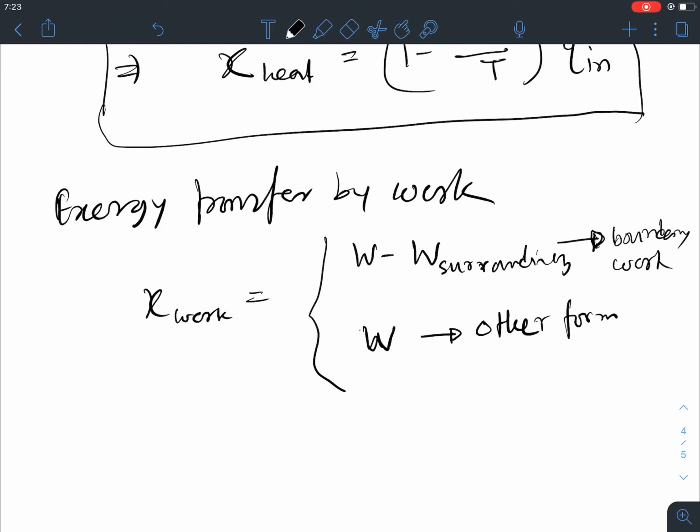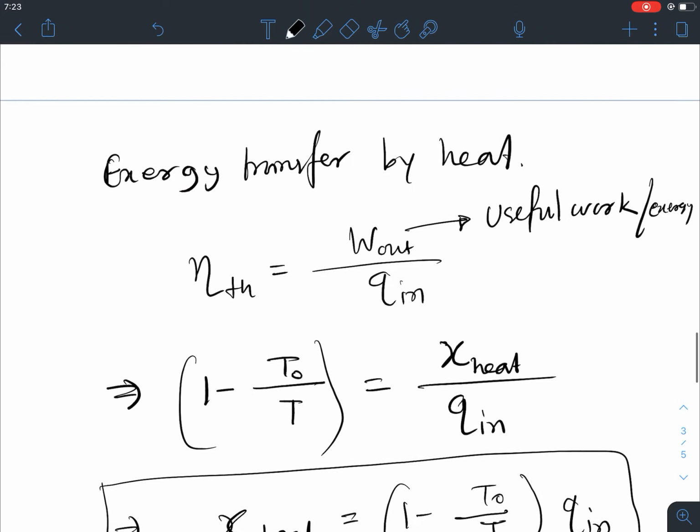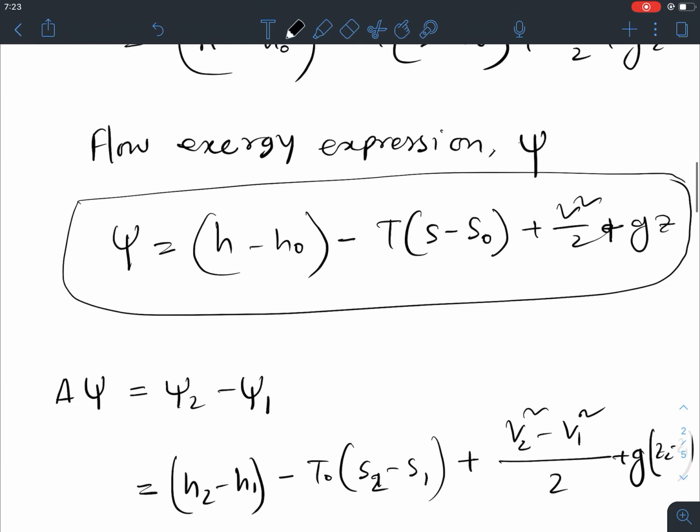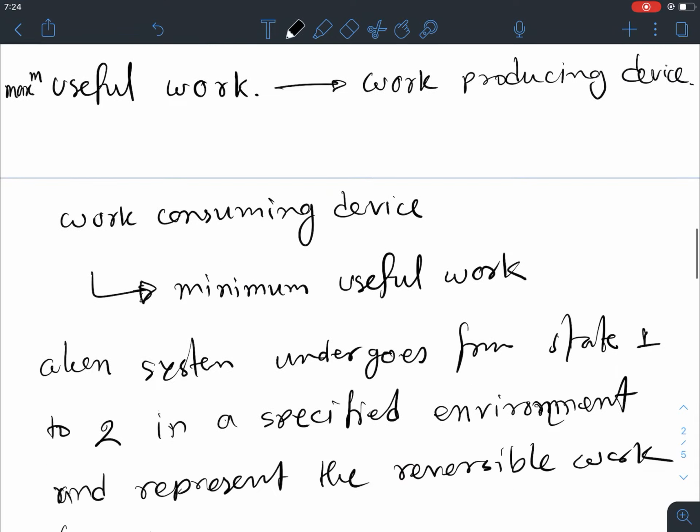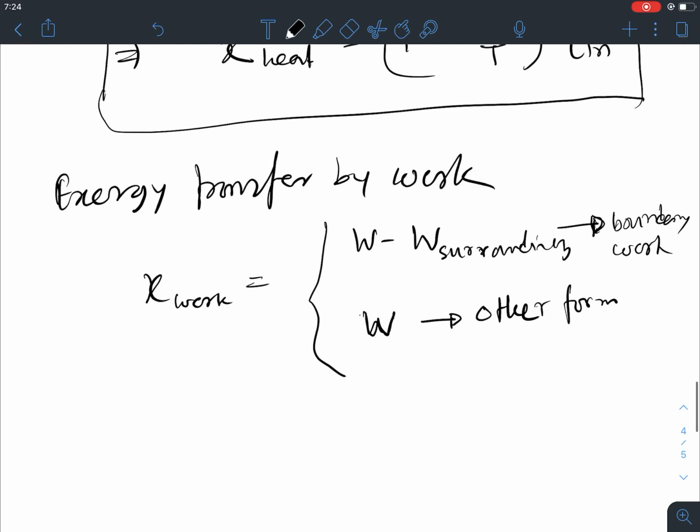Again, exergy is nothing but the useful work, right? So when you have a boundary, as we described here, let me show you, it has an imaginary boundary, right? So that means we have to subtract the work produced due to the stream minus the work produced due to that boundary. So that's what is happening here.